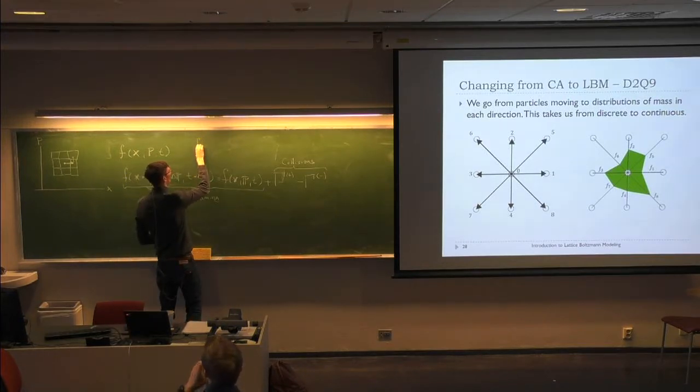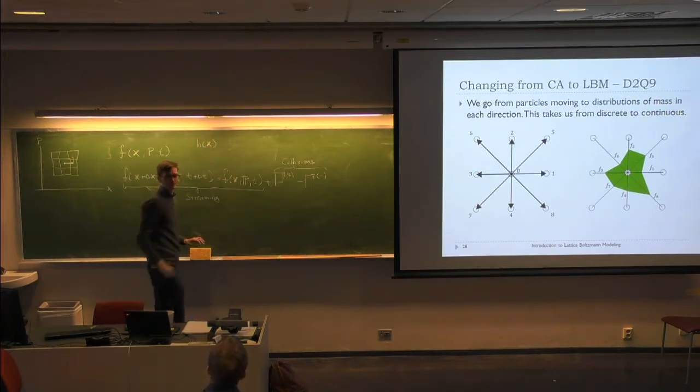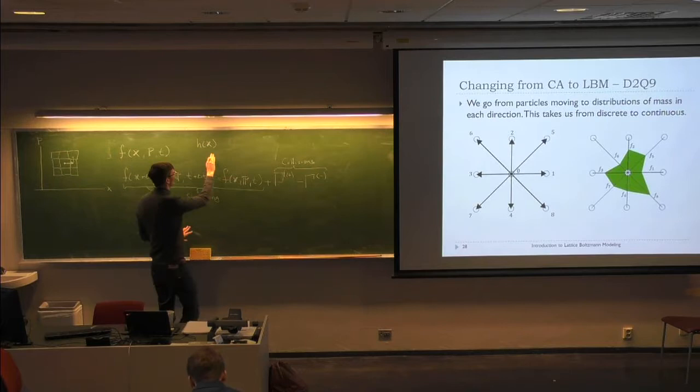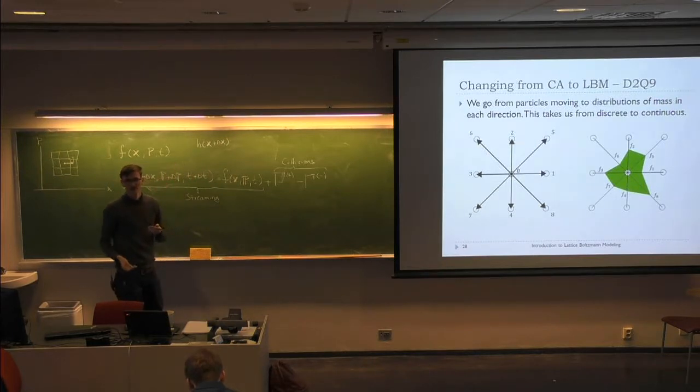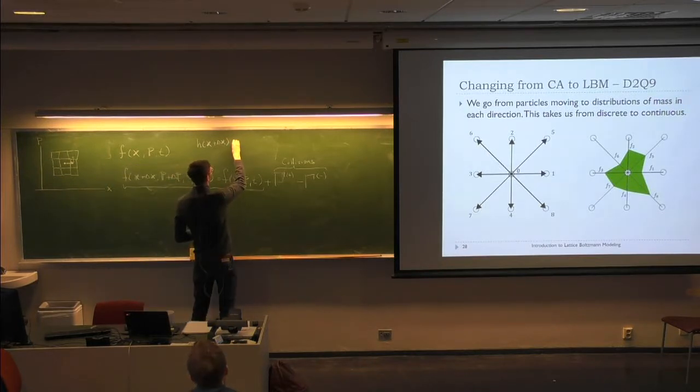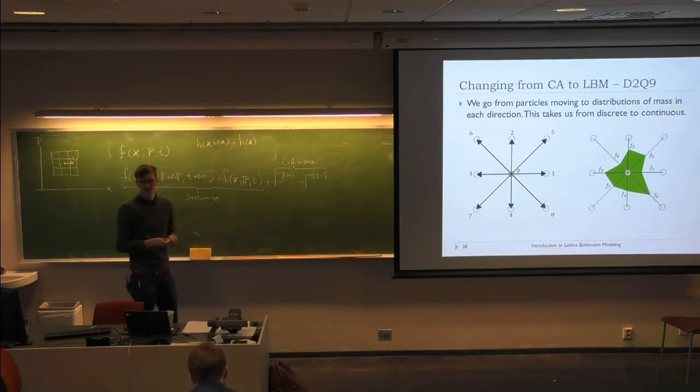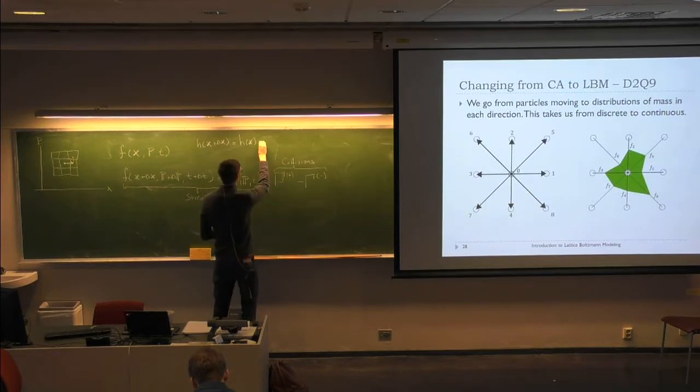So if you have some function h of some vector, and we want to find its neighboring point, the way we do that is by taking h at some point, plus the gradient of h, right?